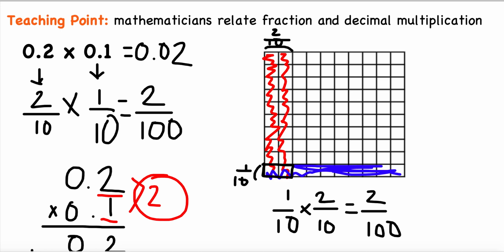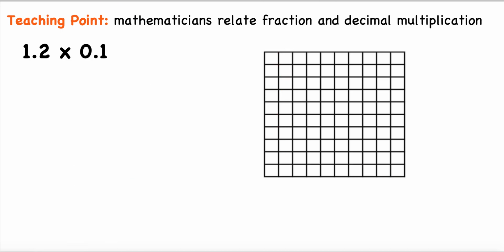Okay. Going to do a few more because I really just want you to be able to see what's happening with these numbers. So I want to do 1 and 2/10 times 0.1. In this case, I noticed my first number, 1 and 2/10, is more than one whole. It has a 1 in the ones place, not a 0.